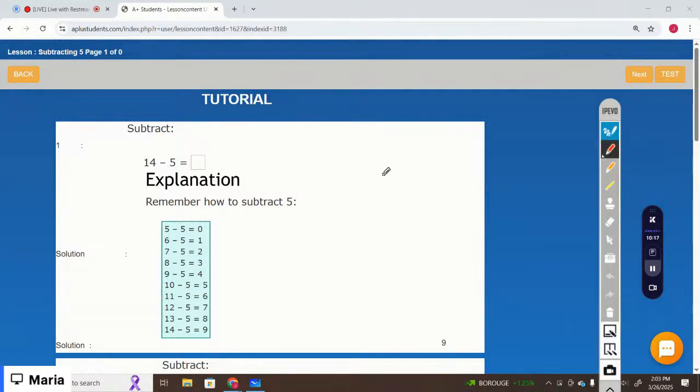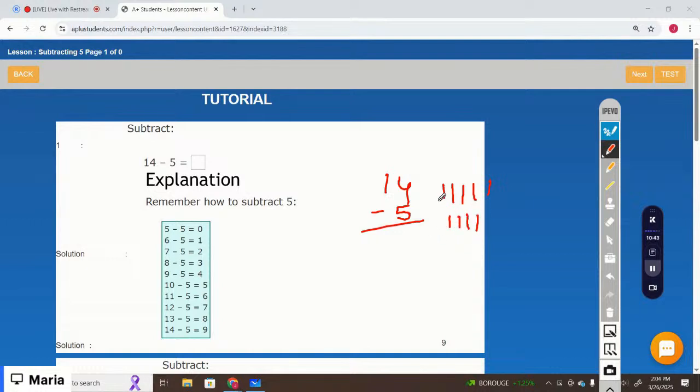So we're going to start with 14 take away 5. There are so many ways to subtract. You can subtract with whatever method you find easy. One of them is you can start with the smaller number. The smaller number is 5. We have to count until the greater one: 5, 6, 7, 8, 9, 10, 11, 12, 13, and 14.